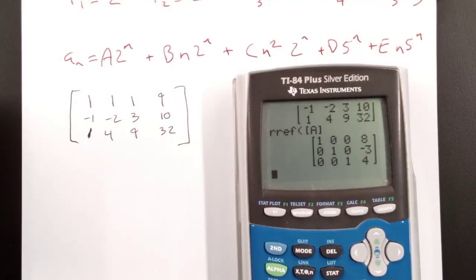Technically, I think this is still big O of n squared. But when you get to larger and larger matrices, larger and larger systems of equations, the by hand method is a recursive method. And so it's technically n factorial steps. This is only n squared steps.